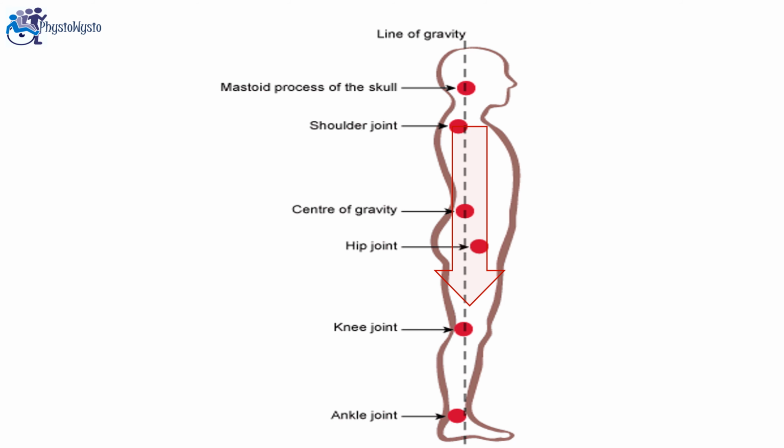Look at the upright position. The line of gravity passes through the vertex between the feet, mid cervical vertebrae, front of thoracic vertebrae, mid lumbar vertebrae, posterior to the hip and anterior to the knee and ankle.